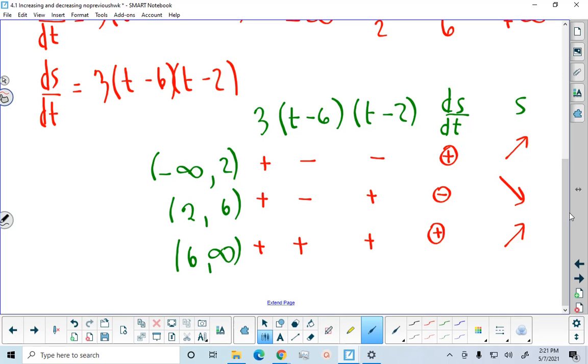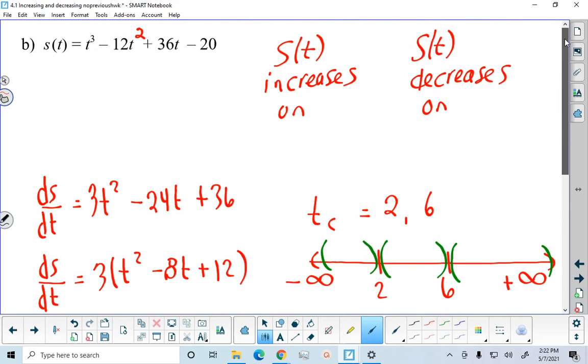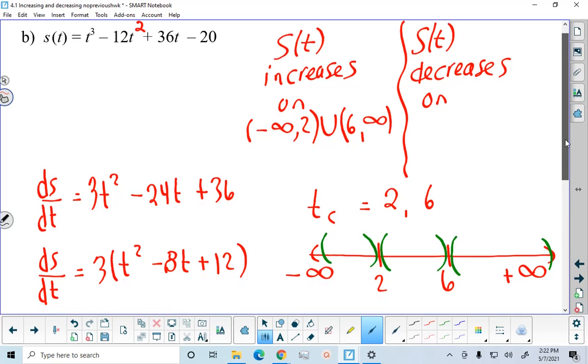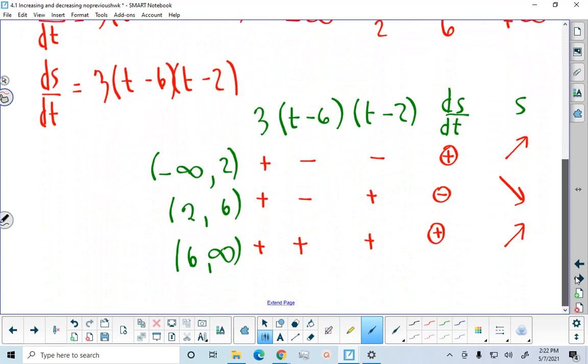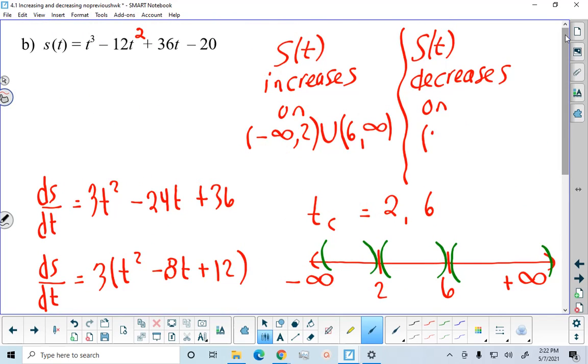So, if we want to officially answer the question, s of t is increasing on negative infinity, comma 2, in union with, I believe, 6, comma infinity. And I'm just going to scroll down and make sure my memory was right there. Yes, it's increasing. The arrow is going up here, and it's decreasing from 2 to 6, or on 2, comma 6.